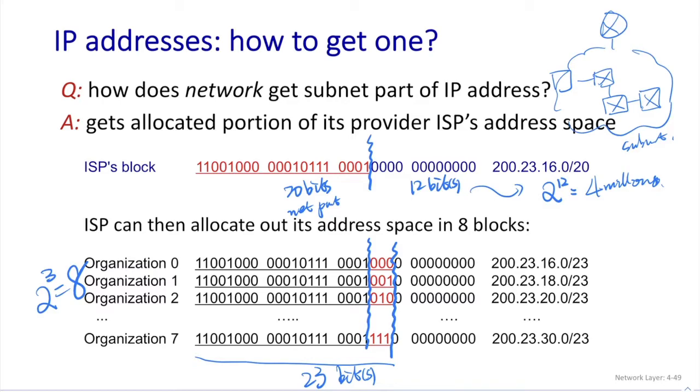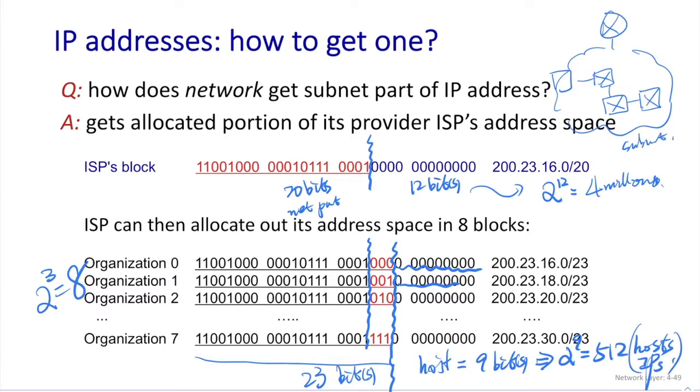So in this case, if we do so, we have 8 separate unique subnets. And for each subnet, the host part is 9 bits, and 9 bits corresponds to 512 different IPs in each subnet.